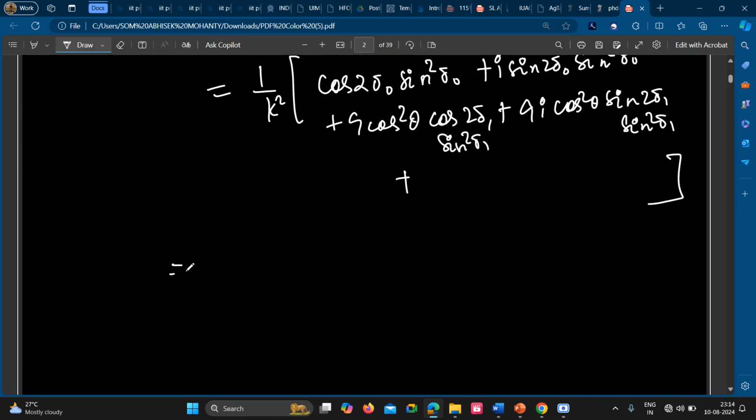After expansion, you will get something like 1 by k square, sine square delta 0, plus 6 sine delta 0 sine delta 1 cos of delta 0 minus delta 1, cos theta, plus 9 sine square delta 1, cos square theta. I'm directly writing the answer; you have to expand it yourself.